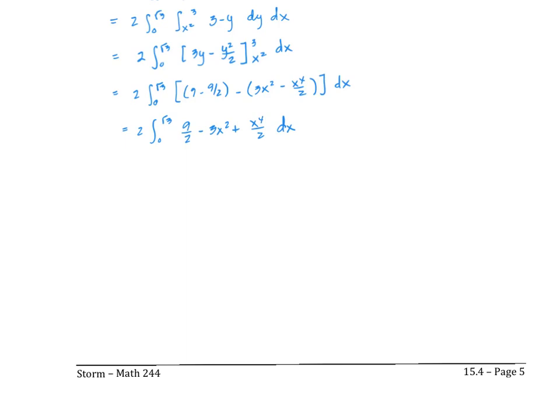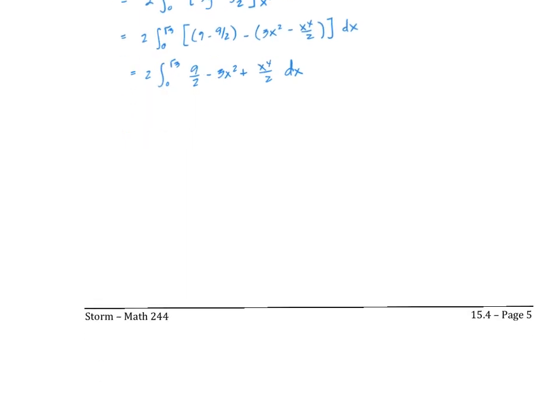And integrating with respect to x, I have 9/2 x minus 3x to the 3rd over 3, so just x to the 3rd, plus x to the 5th over 2 times 5, or 10.